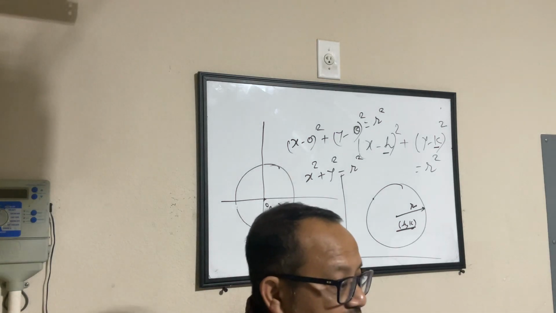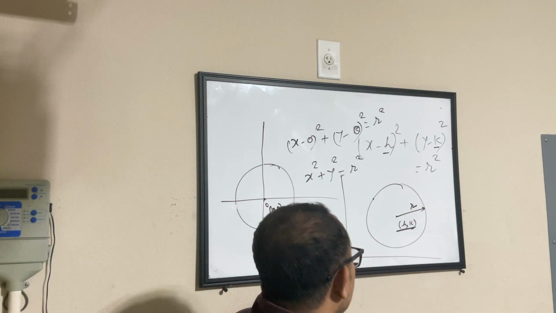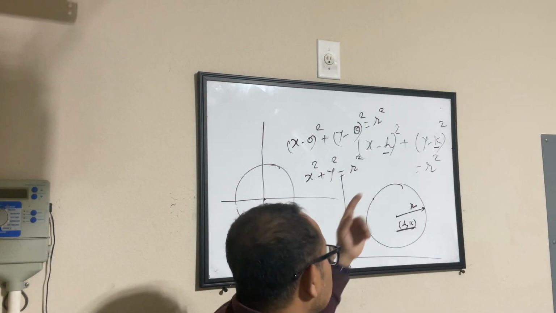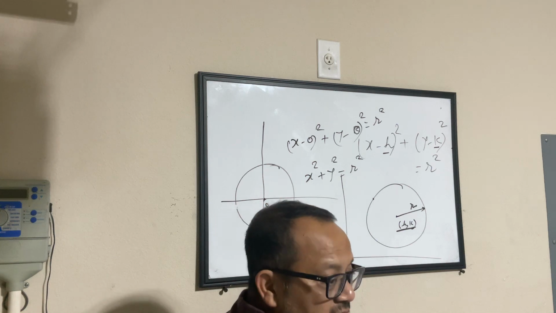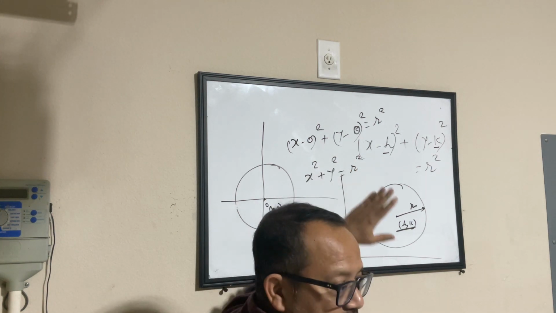Yeah. So this is the same standard form of a circle equation. If the center of the circle is at the origin of the coordinate plane, then your circle equation becomes like this. Yeah.